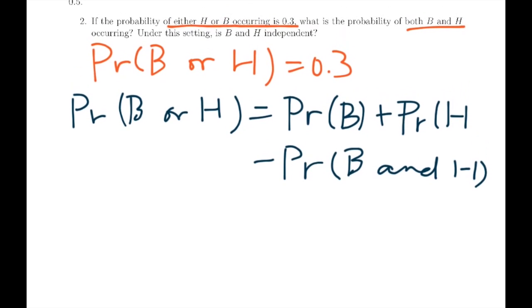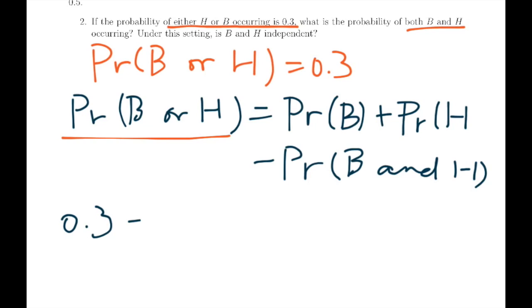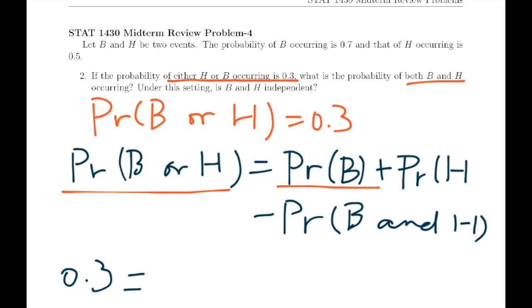Alright, now let us plug in the numbers. We know that the probability of either H or B occurring is equal to 0.3. That means this part is equal to 0.3, so 0.3 on the left hand side. And then the probability of B occurring from the given condition, we know it is 0.7.